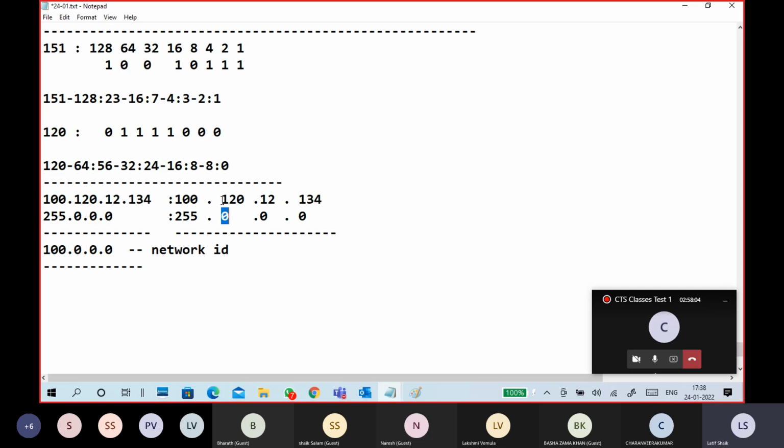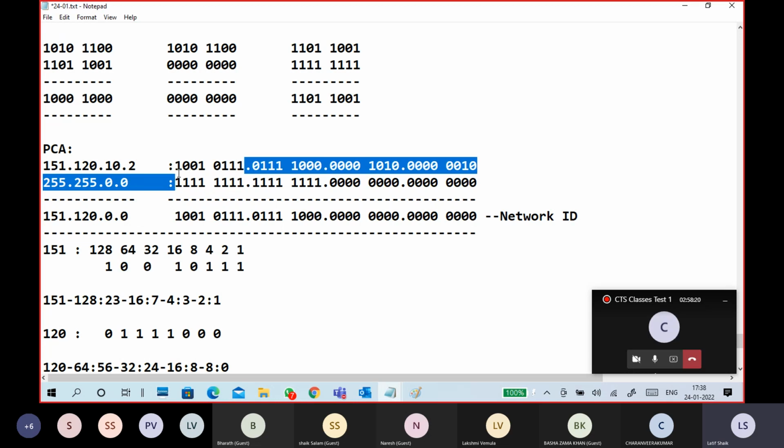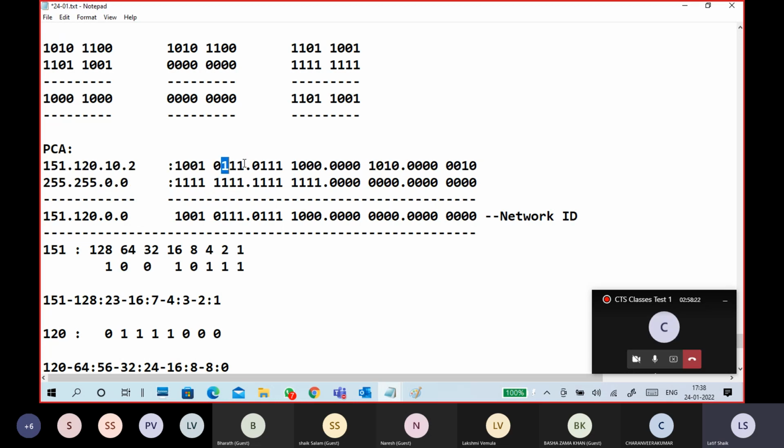The second one is 0, meaning 8 zeros, so obviously you'll get zeros only. Coming to the first one, 255 means all ones. When you do the AND operation with all ones, you get the same value, this value only you will get.